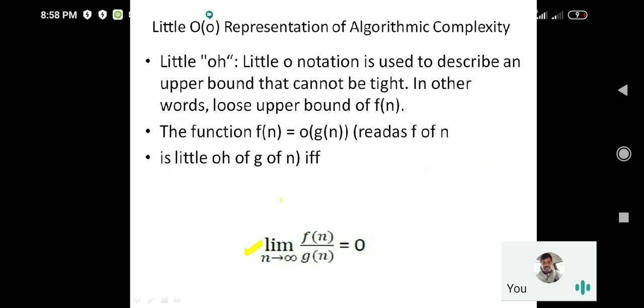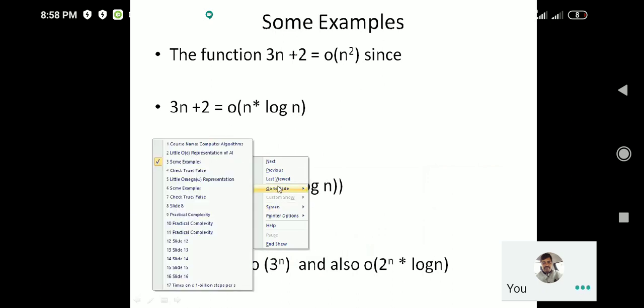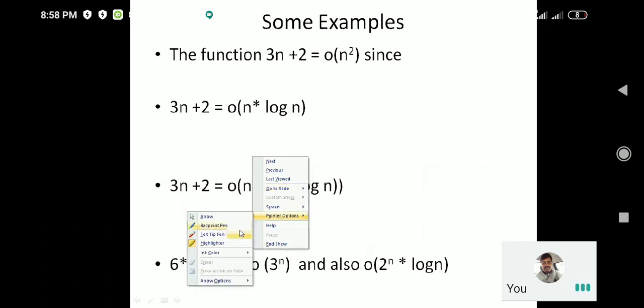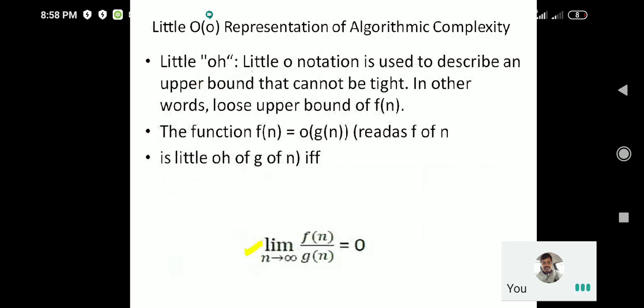Let us consider some examples. The first one is the function f of n equal to 3n plus 2. I want to choose g of n in such a way that the limit of f of n divided by g of n as n tends to infinity must become 0.